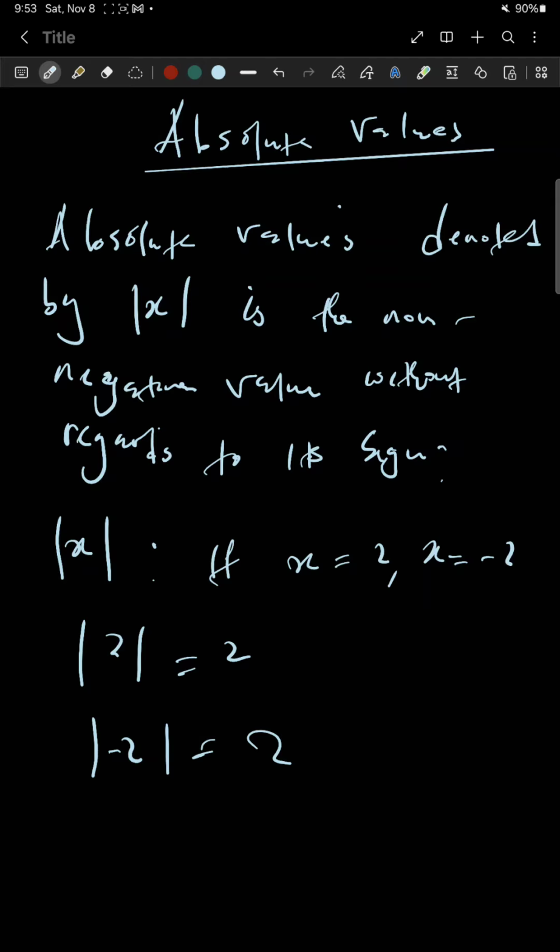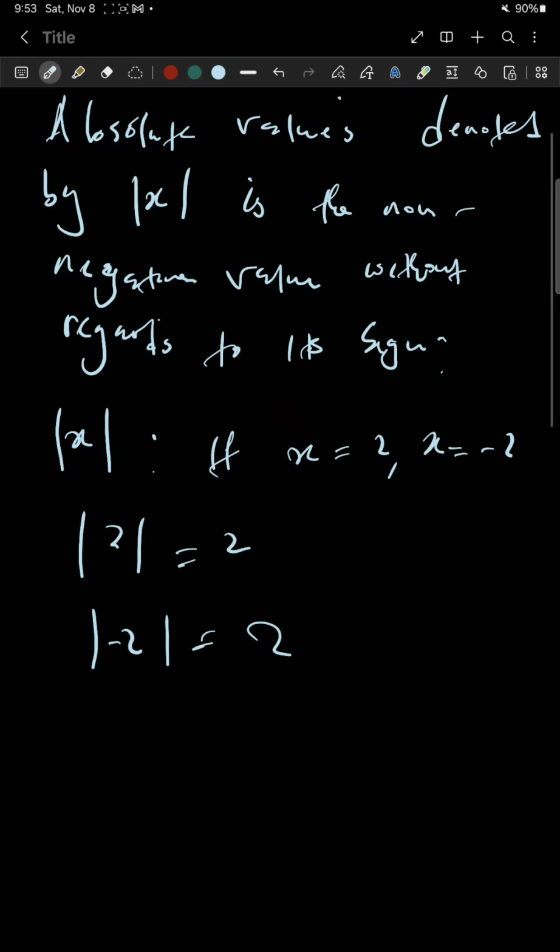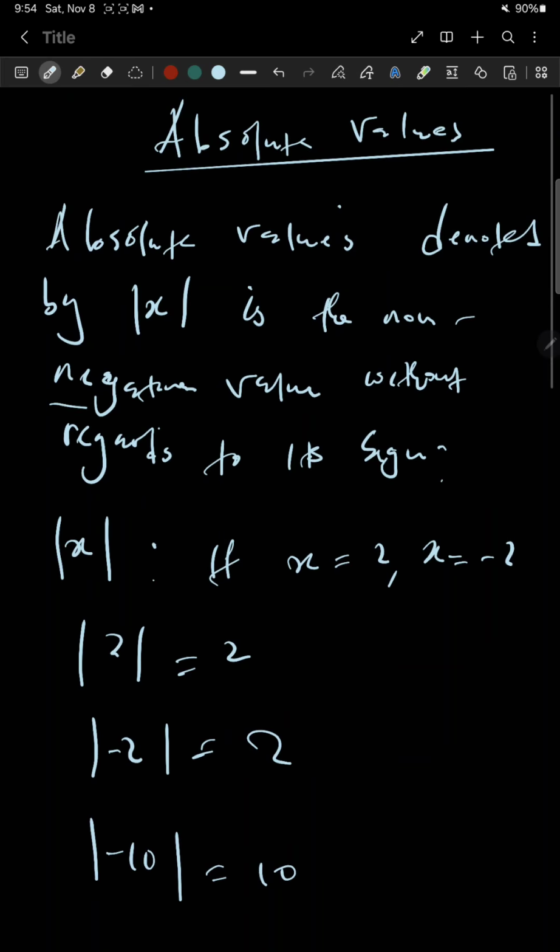So we don't care about the sign. Something in the modulus comes out as a non-negative value. For example, modulus of -10 is 10. So that is absolute values.